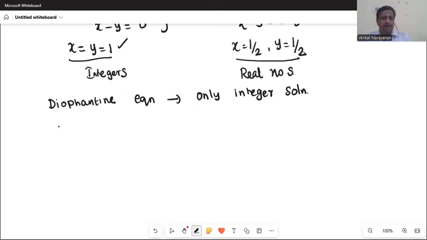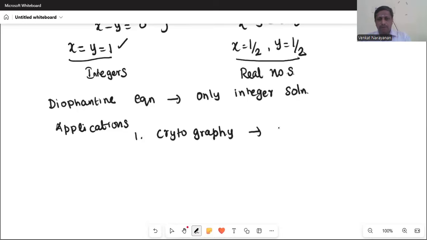Now, every equation has some advantages. What are the applications of Diophantine equations? The applications are: one, cryptography, for security purposes, we use Diophantine equations.